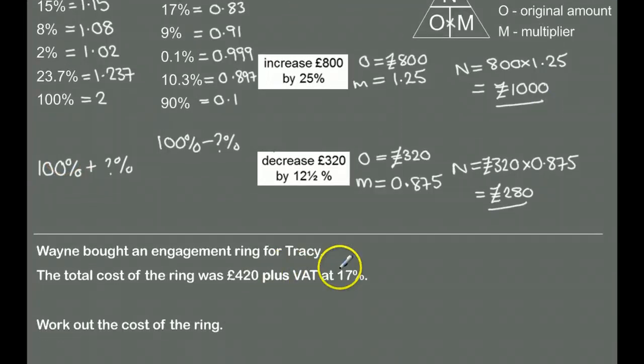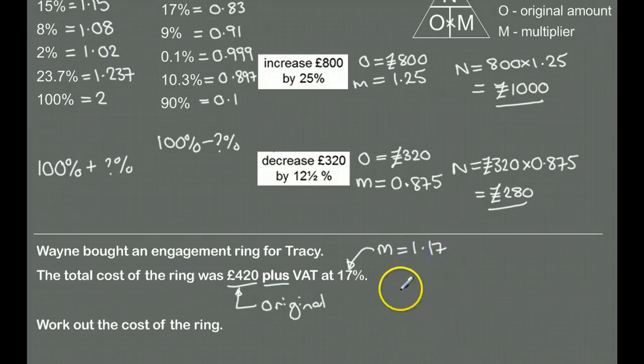Here's a little question for you to apply it. We've got the amount here, which is going to be our original. We've got 17%, which is our increase, so our multiplier, because it's plus VAT, is going to be 1.17, and then we've got our calculation.